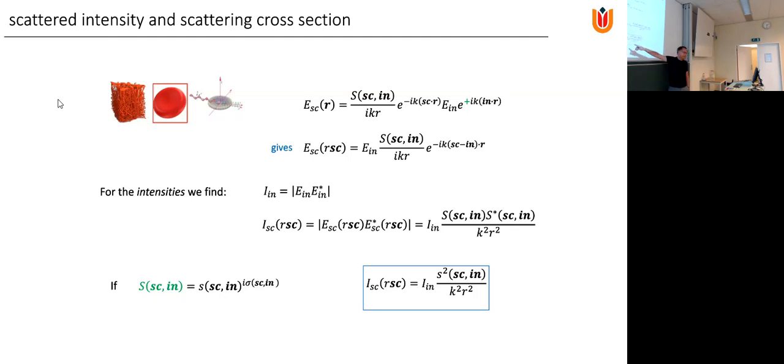So the scattered intensity is proportional to the incident intensity, of course. We have the spherical nature of the wave, r squared made dimensionless by the factor k. And then this term in the denominator describes the redistribution of the light.